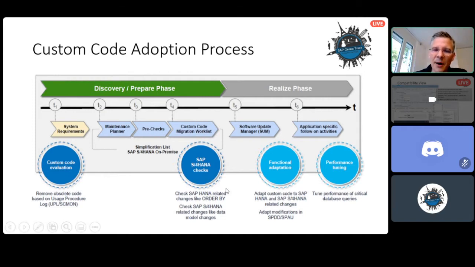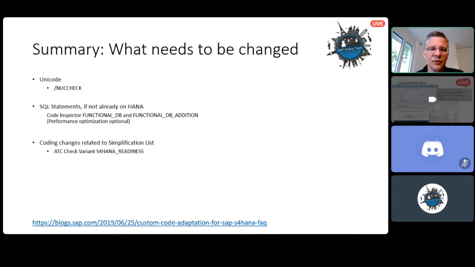And the ABAP code needs to be able to run on HANA database. So maybe you are already on a HANA database, then these changes have already been done. If you come from a legacy database, you also have to make sure that all the SQL statements are proper for the HANA database. I will show that.